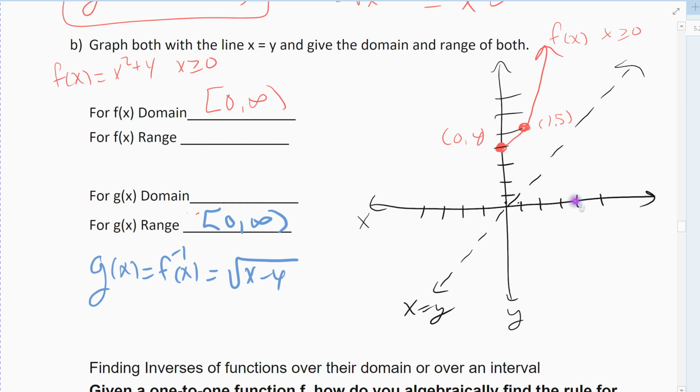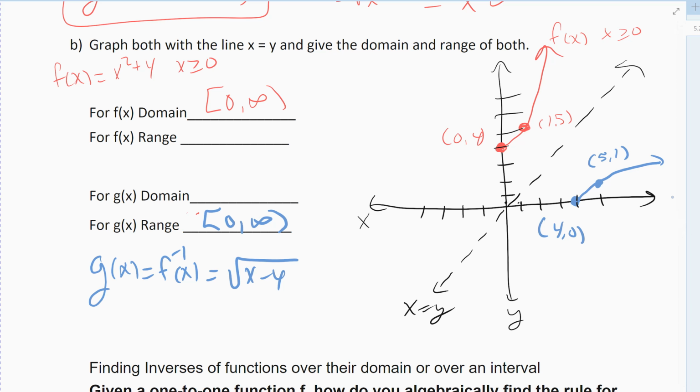That gives me 4, 0, which it should, right? That reflects over. And then if I plug in 5, it should give me out 1, and it does. And then it has this shape, 5, 1. And so they are reflected over that line y equals x.